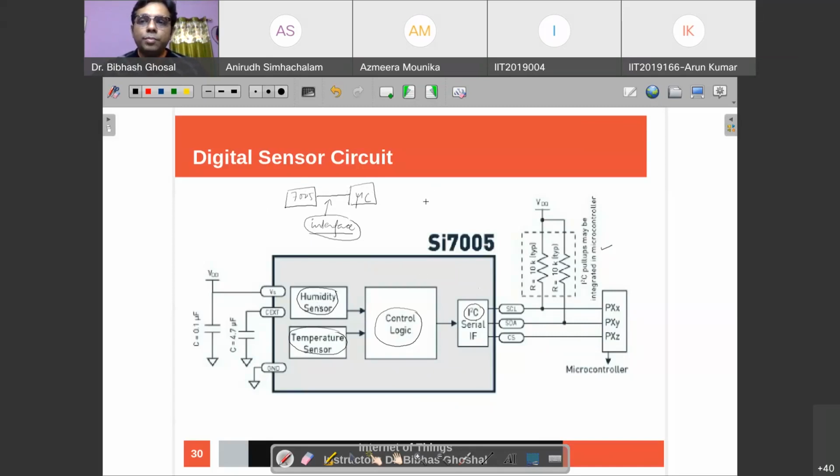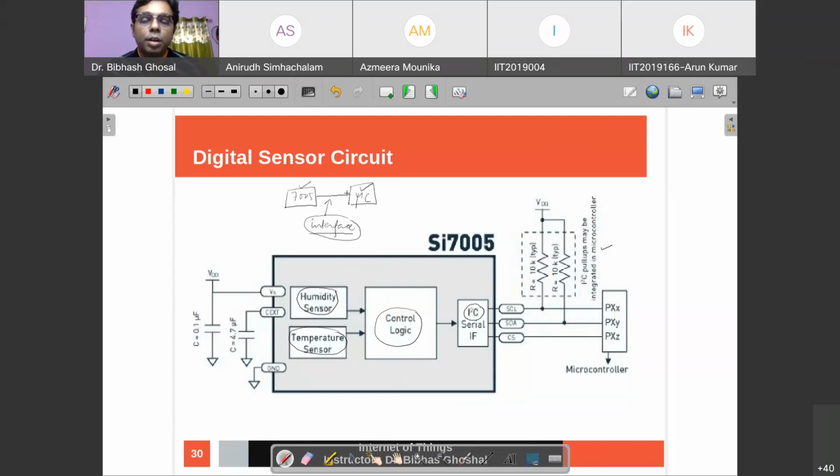So when you are connecting your sensor to any development board or any microcontroller, you have to know what kind of interface is supported by this particular device, and whether your microcontroller has that interface.